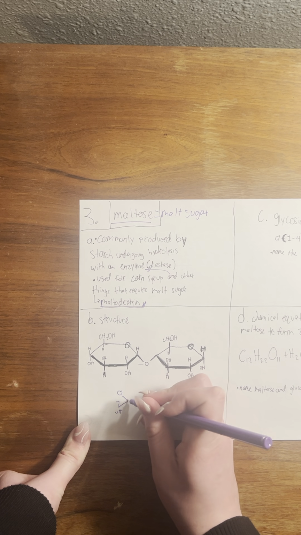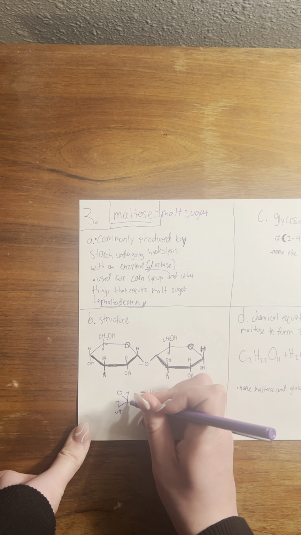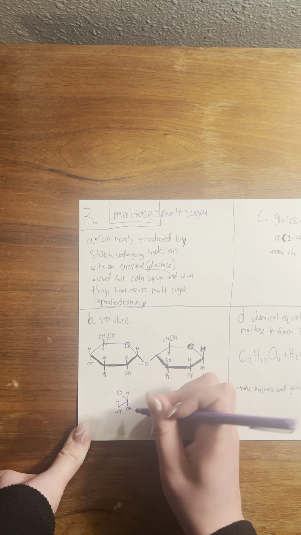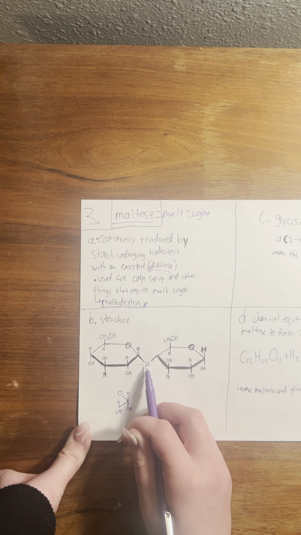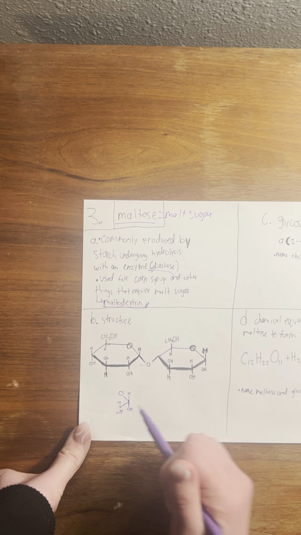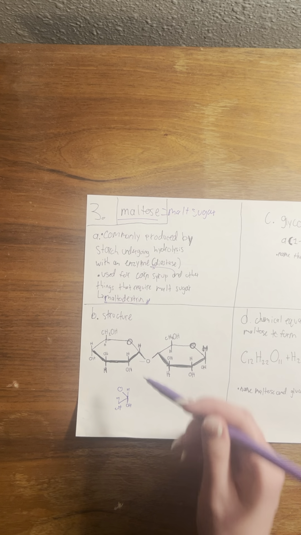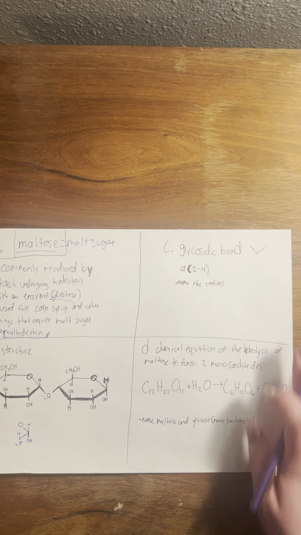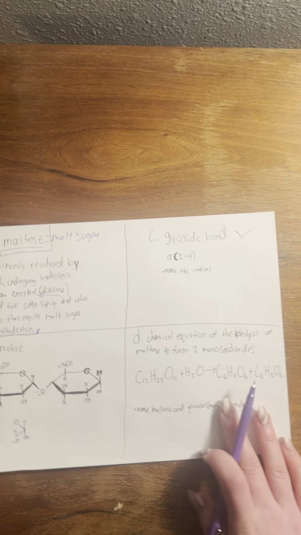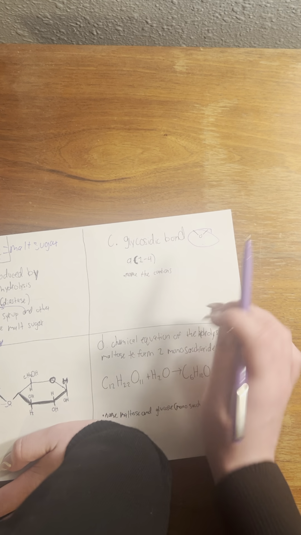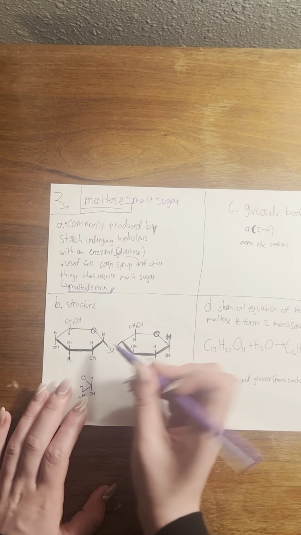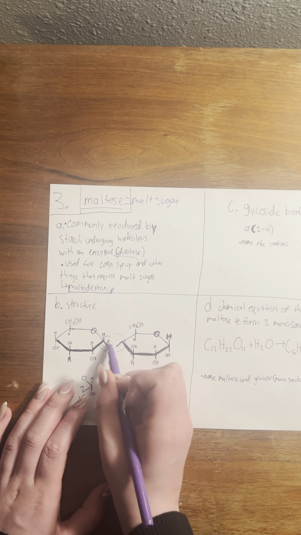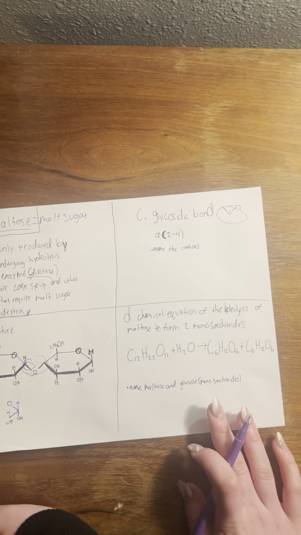And then you'd have the H right here, and an OH, but when they combine together in the glycosidic bond, it created just this little O right here. Speaking of which, the glycosidic bond is this part. It looks like this, and it is right here, more specifically right here, according to our textbook.